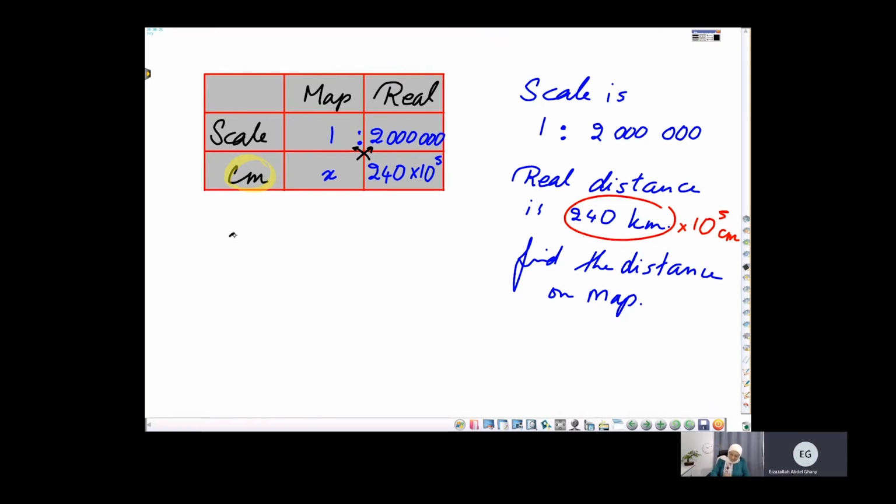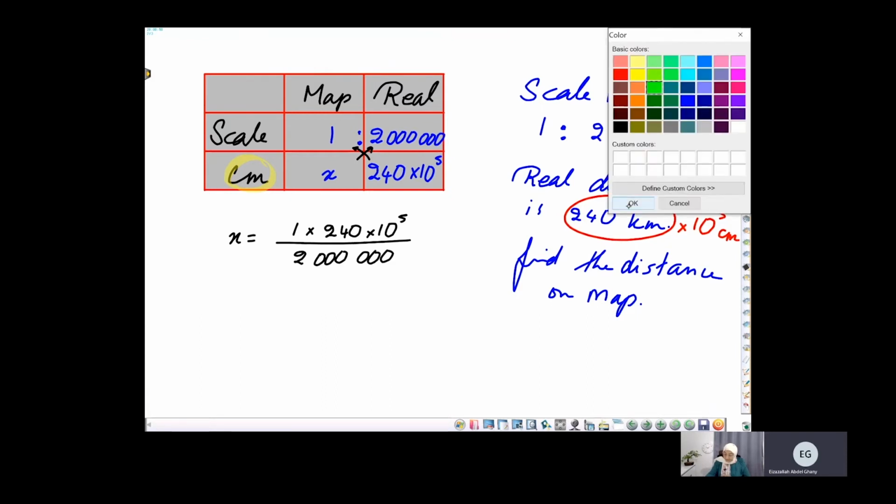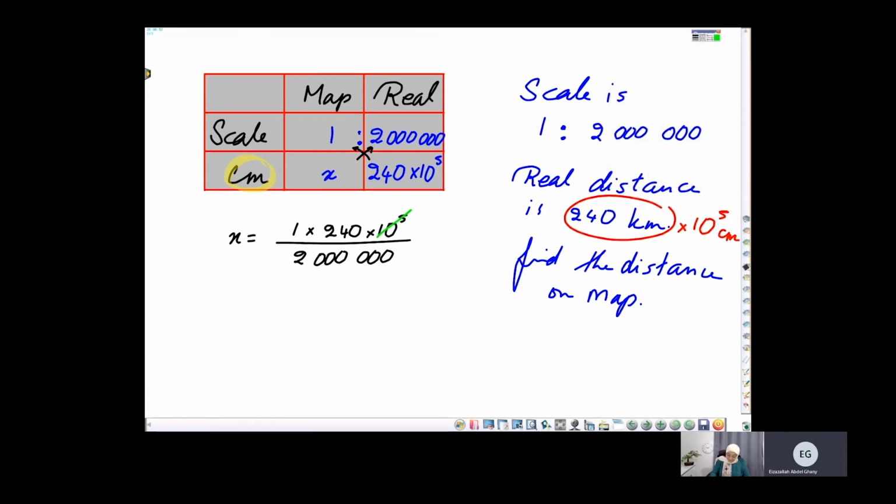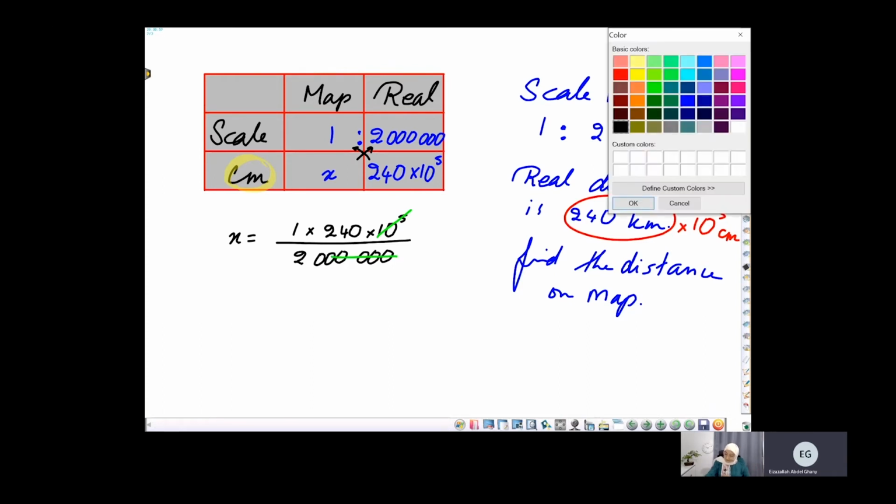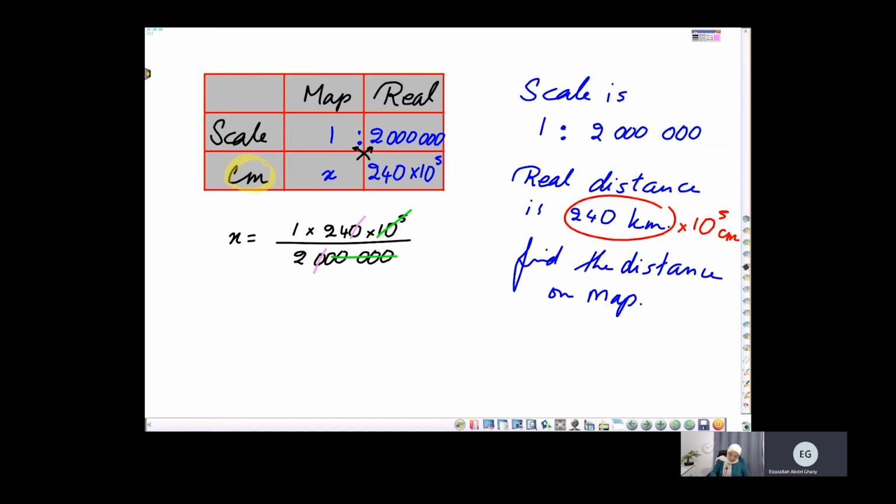So x equals a long dash, and we divide by the number connected to x. The number connected to x, you just put down in the denominator. What shall we write up? It is 1 multiplied by 240 into 10 to the power of 5. I can cancel 5 zeros with 5 zeros. This is so easy. Okay, I can also cancel these zeros, 1 zero with 1 zero.